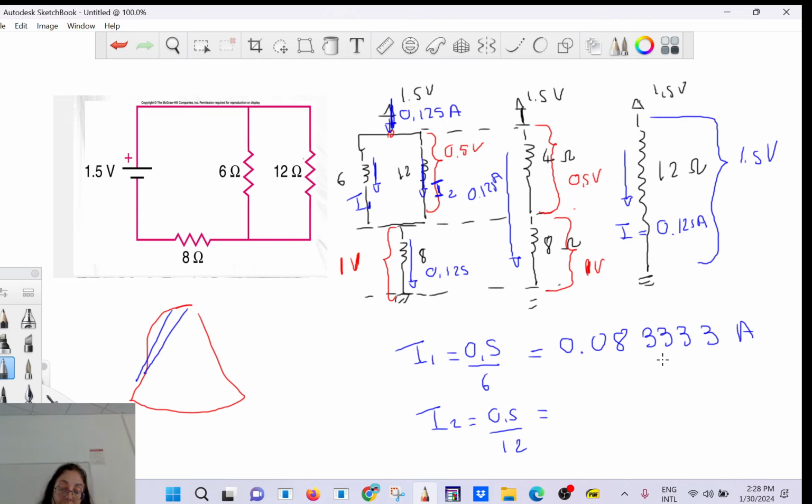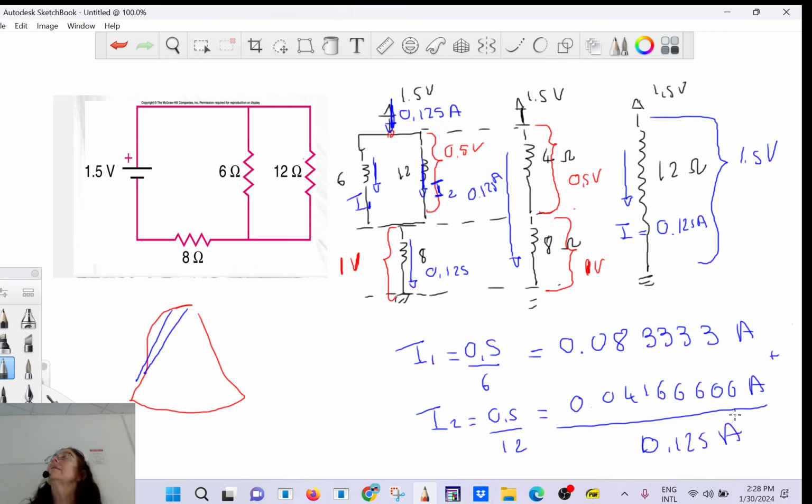And the other one is 66666 repeating. When you add them up, if you keep all the decimals, you get 0.125 amps. Is that clear?